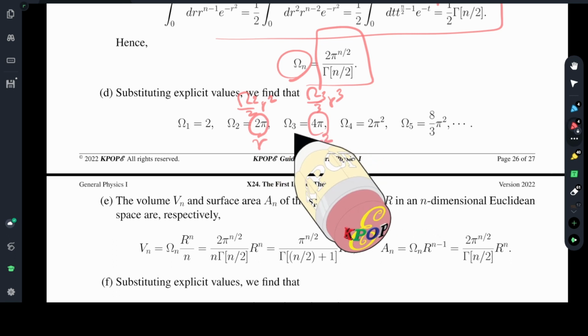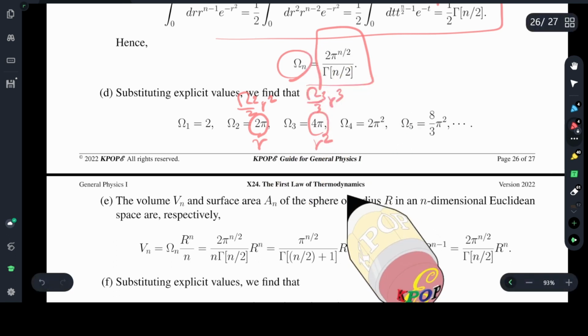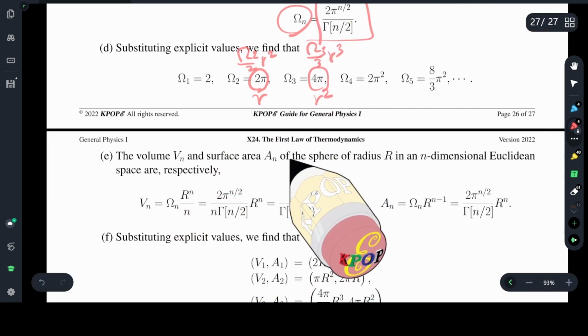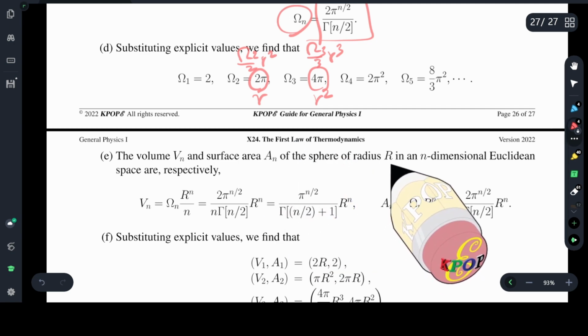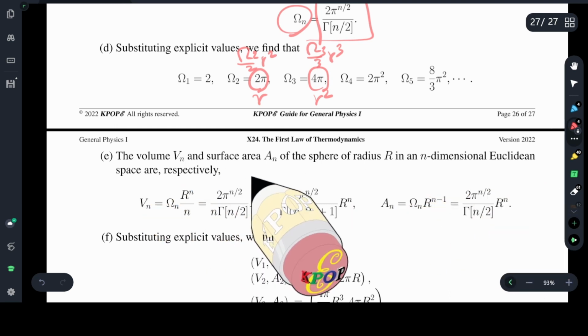So we can make use of this formula to find the volume or surface area of a sphere of radius r in n-dimensional Euclidean space.